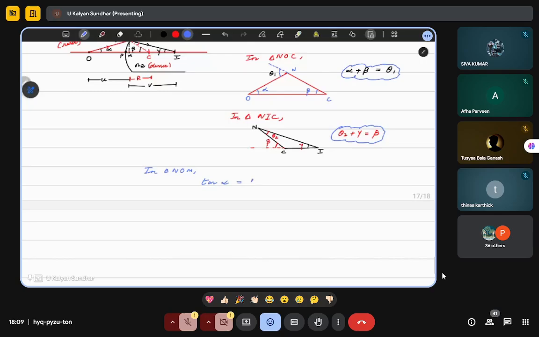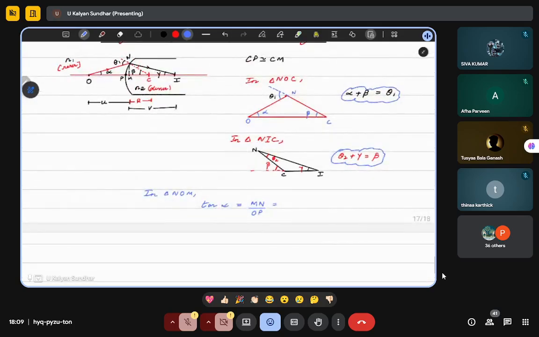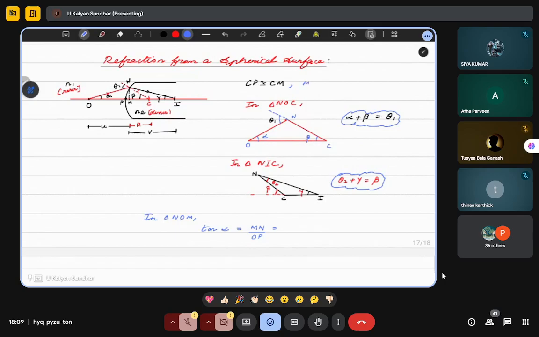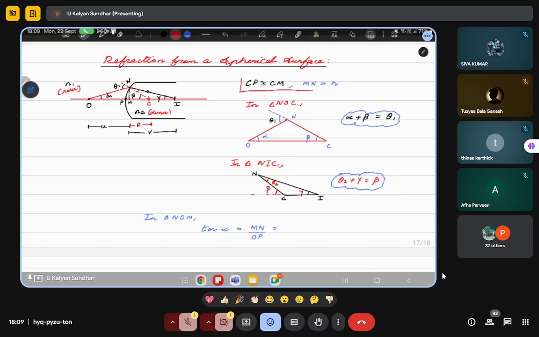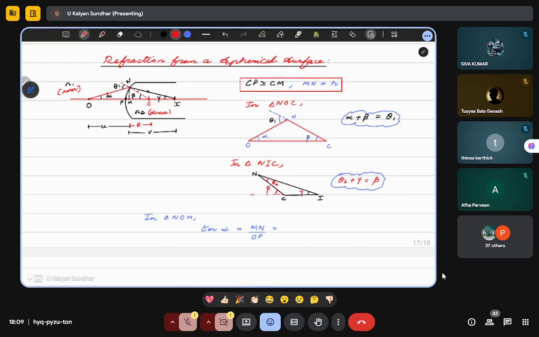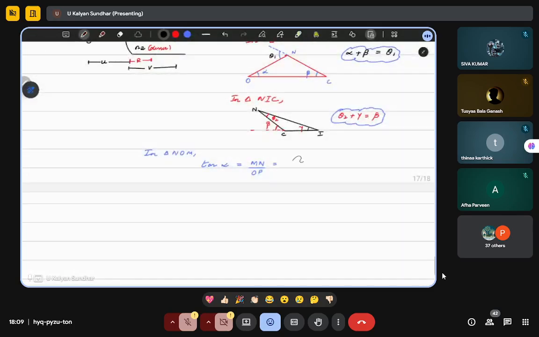So MN by O. And this has some height, so let me take MN as some height H. These are the assumptions we have applied. So how can we write this? H divided by the object distance, so you'll be writing it as minus U.